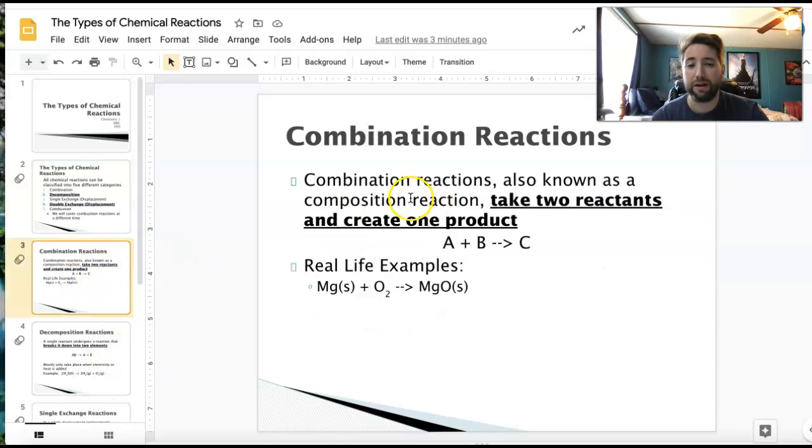So let's talk about combination reactions. Combination reactions are also known as composition, synthesis. They have a ton of different names. It takes 2 reactants and it creates one product. For example, here we've got A and B. They are coming together to form one product, C. In a combination reaction, you will have 2 or more reactants and they will come together, and you'll know that it is a combination reaction because it's only going to have one product.